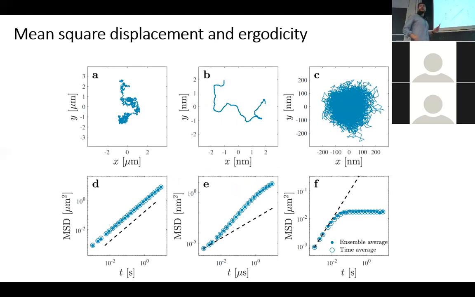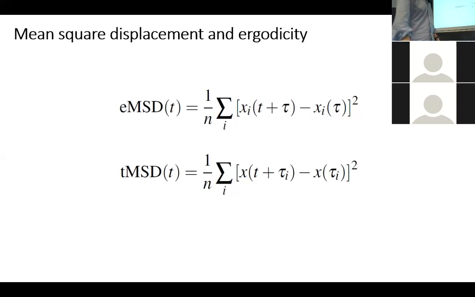Did you say there were n time steps or n individual? It depends which one you are calculating, right? If you are taking the ensemble average, you have many trajectories, right? You take the difference from the first value for all of them and you add them up. Here, your n is this.